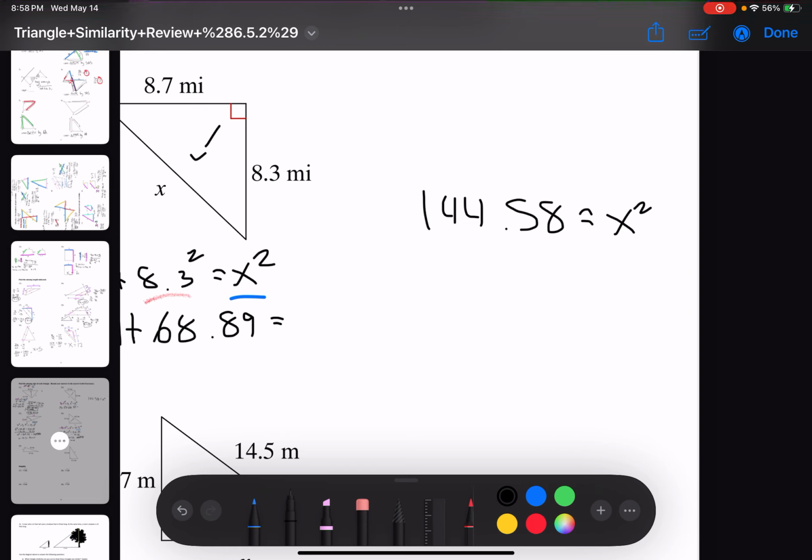Whatever this is, your approx is 144.58.